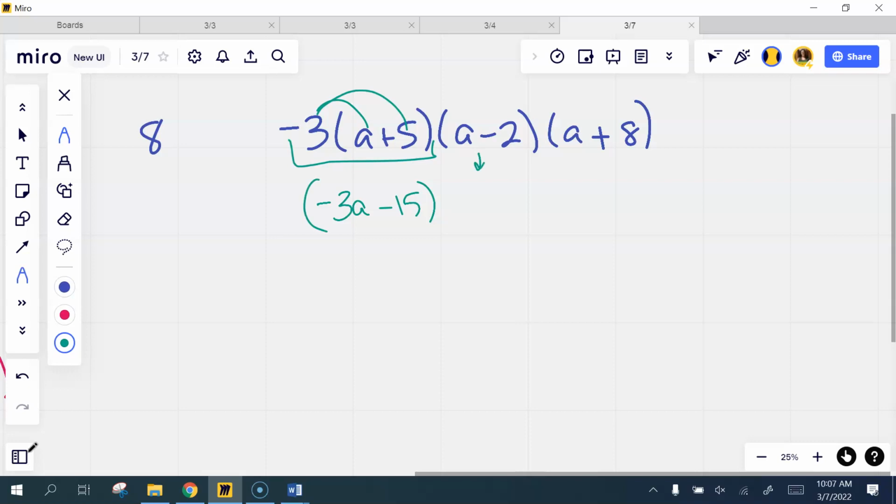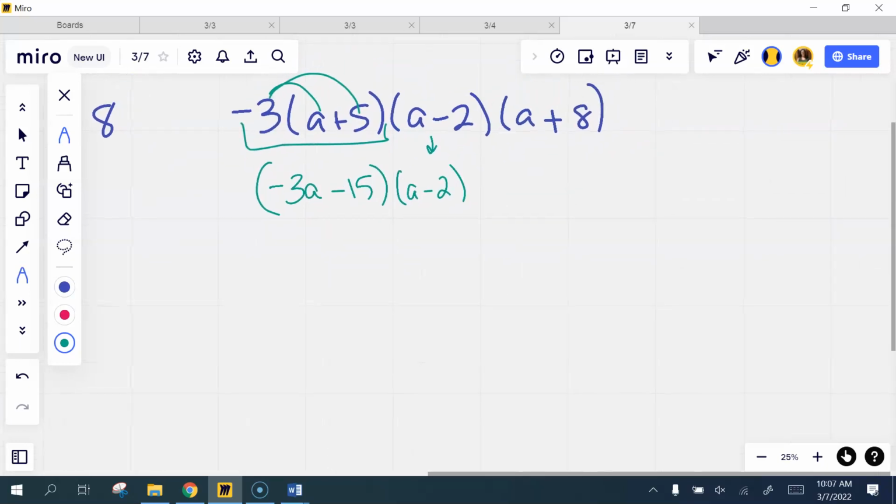Now I'm going to multiply to this one. Start with the negative 3a. Negative 3a times a is what? Negative 3a squared. Negative 3a times negative 2. Positive 6a. I'm done with this one because it's distributed through to everything.